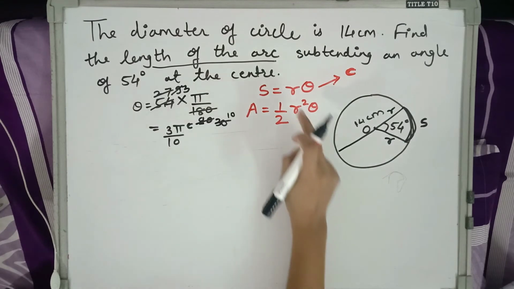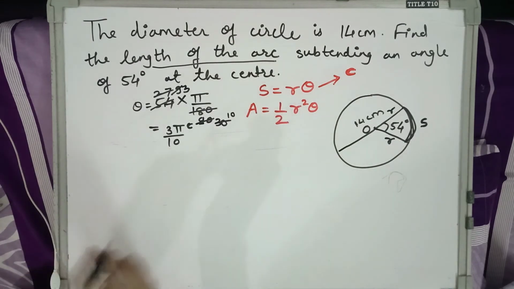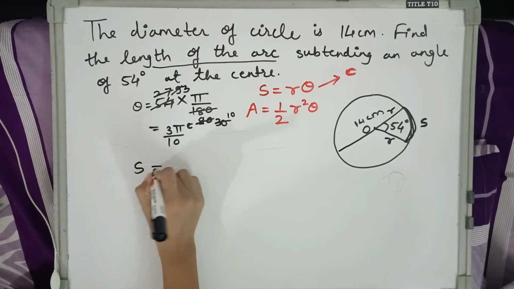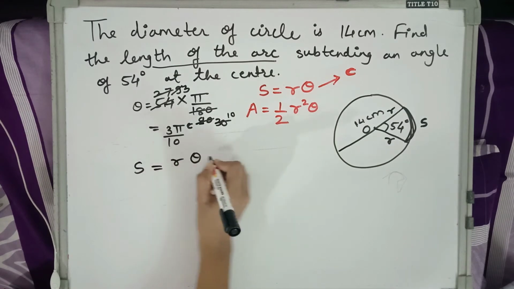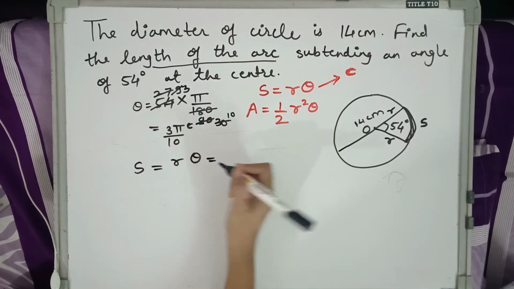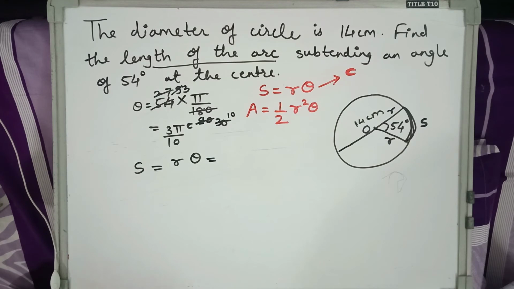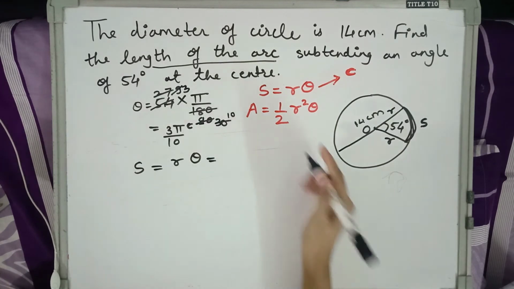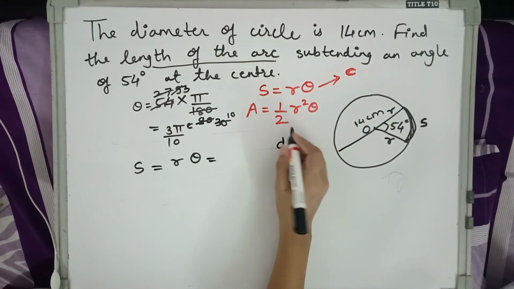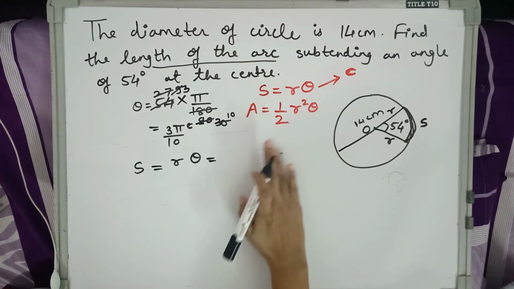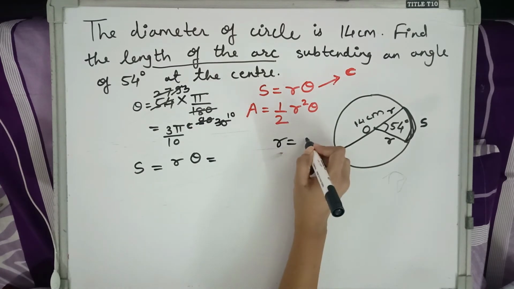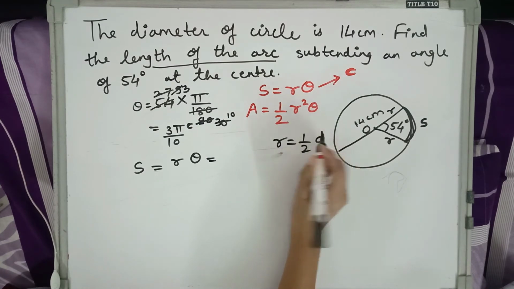Now we have to find the length of the arc. Length of the arc S is equal to R theta. Now we don't have R, we have diameter. Now we know radius is always equal to half the diameter.